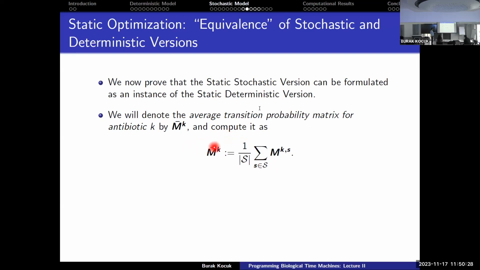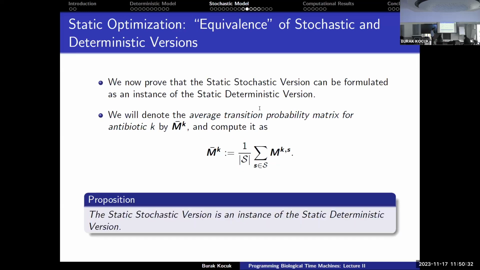Suppose that I computed them and denote that by M bar. And then the proposition we proved says that we can solve the stochastic problem as a deterministic problem if you use these M bars. Okay. It all boils down to computing numbers.